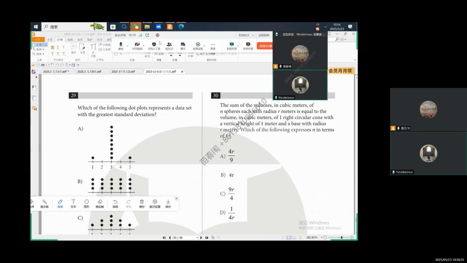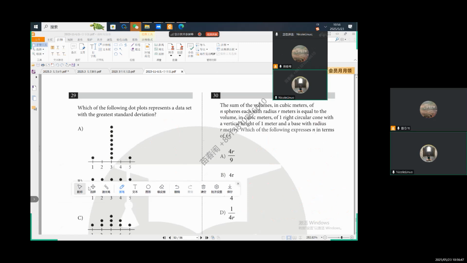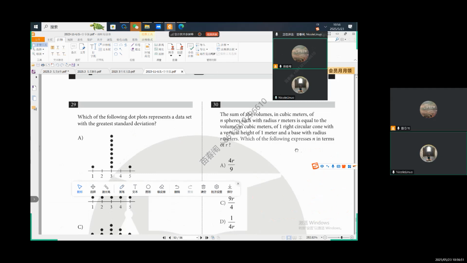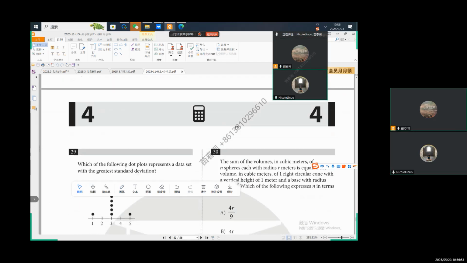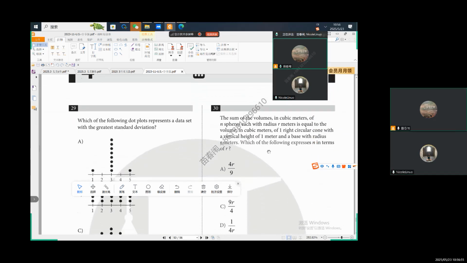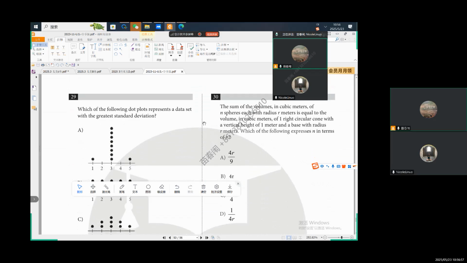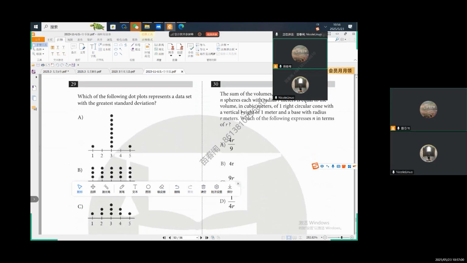That's a type we didn't do before. You got a picture? Yep. So it's reading, right? Although it's a geometry problem, they didn't give us any picture.